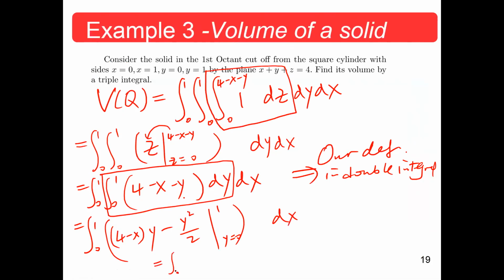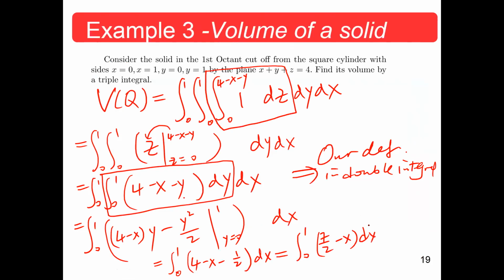Okay, so I have 0 to 1, and I plug 1 in. I have 4 minus x minus 1/2. And then I plug 0 in, I have 0. So that gets us the integral from 0 to 1 of 7 over 2 minus x dx.